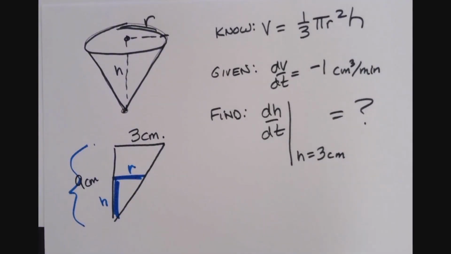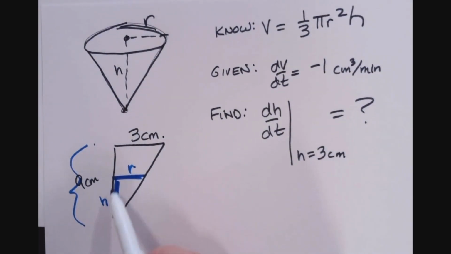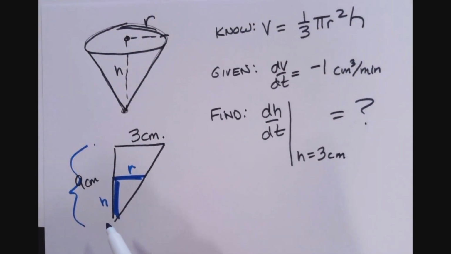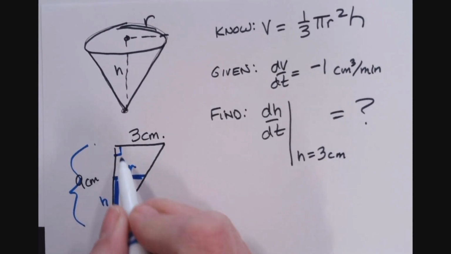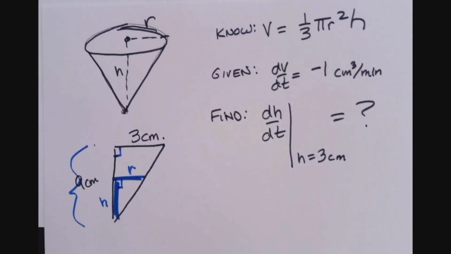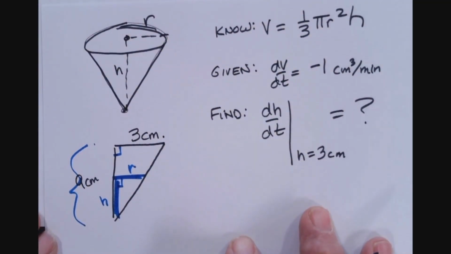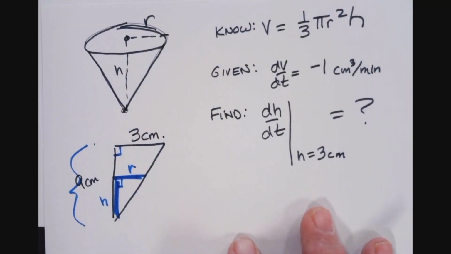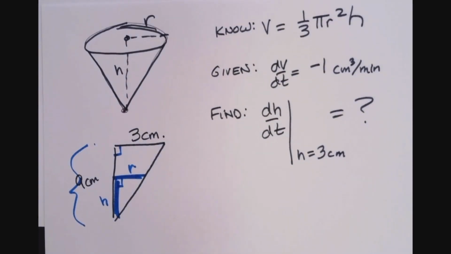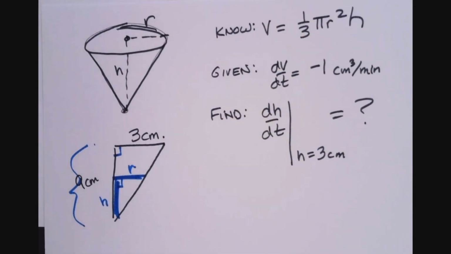Well, remember geometry. What kind of triangles are these? That big triangle and this little triangle, they're both right triangles. Are they congruent? Are they exactly the same size and shape? No. What's the other word? They're not congruent, but they are similar.